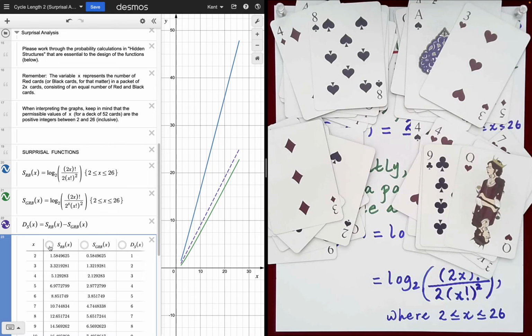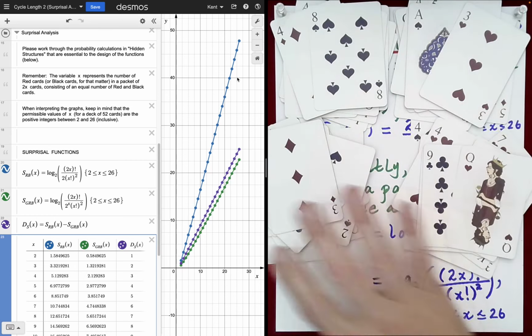And then down here, if we click, we'll get the true values x can take on, because x needs to be a positive integer between 2 and 26. And as mentioned earlier, Desmos is connecting them using the gamma function. Okay, so technically it's only the dots that exist in the card performances that we're looking at.